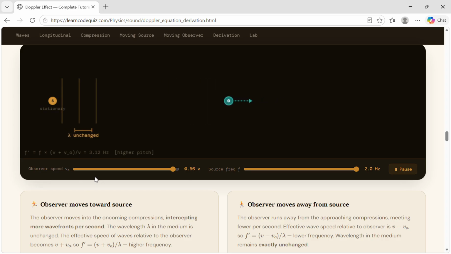Nothing changes. The velocity of the sound is known, the wavelength is known, the frequency is known. So what's going to change is only what the observer hears, right? Because the observer is moving towards or away from the source.